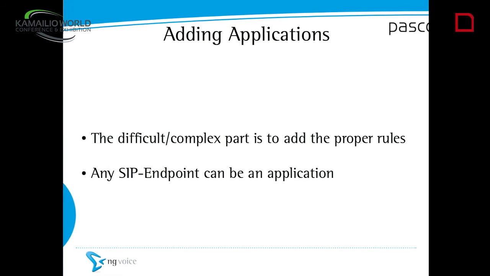The next thing we want to do is we want to add applications. Because right now, with this basic setup, we can basically make calls if we dial in the right style of number, probably, and if we dial the right username. But maybe we want to add more applications to our network. An application can be anything. It can really be anything. Like, for example, we had this example with the dial plan in the Sipwise presentation, like an hour ago.